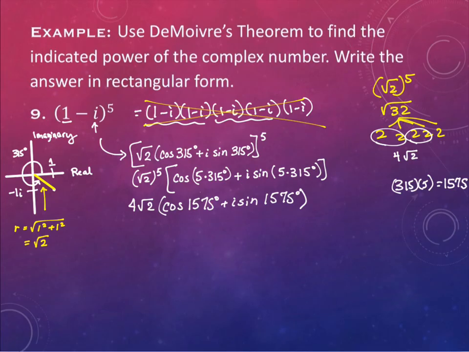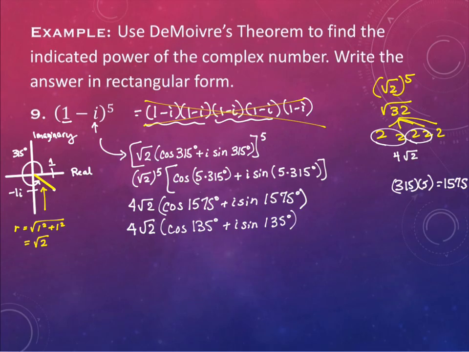Okay, so we need to change this now. And what we're doing is we're using reference angles to do this, right? We're using the cyclic nature, or the repeating pattern, of our circle to be able to keep doing this. So I have cosine of 135. Notice it's still a 45-degree angle. That shouldn't necessarily surprise us, but it isn't necessarily going to be in the same location that it was before.